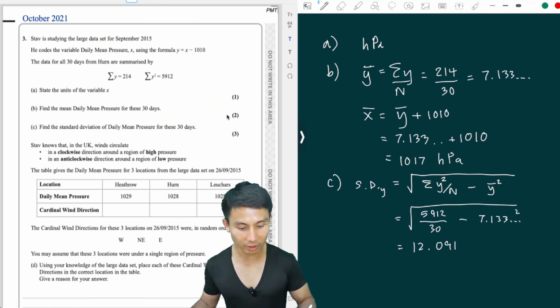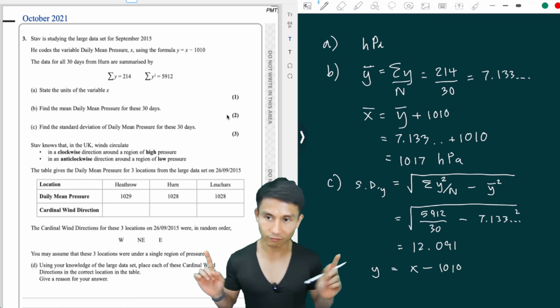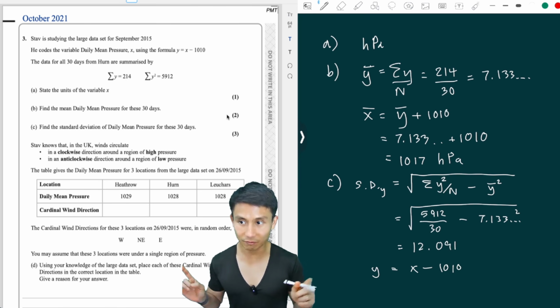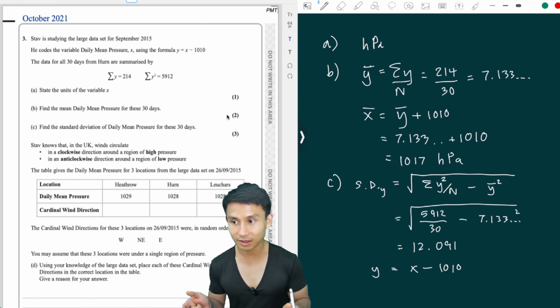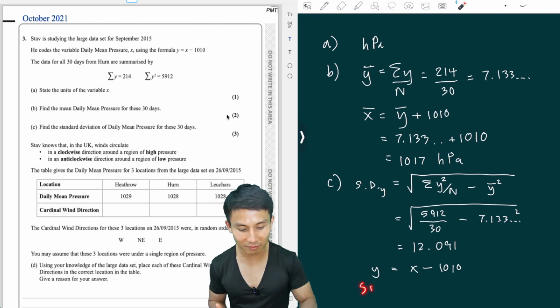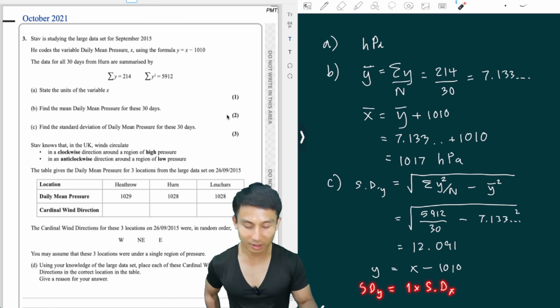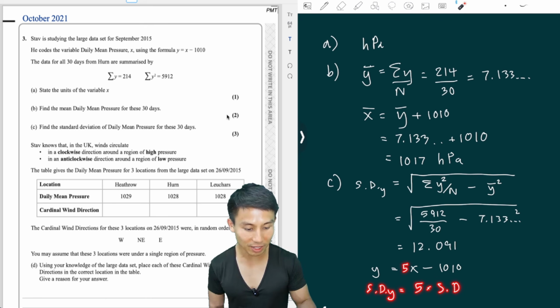Now, because of the coding equation, for the mean, if we get x bar, we have to minus 1010 to get y bar. But for the standard deviation, because the coefficient of x is 1, the SD of y will also be 1 times the SD of x. If there was a number here, let's say 5, then the SD of y would be 5 times the SD of x.